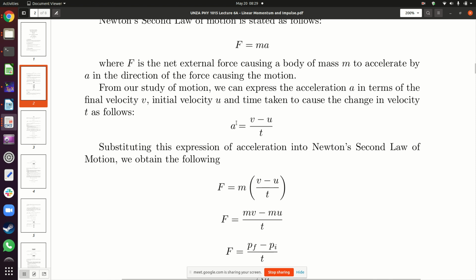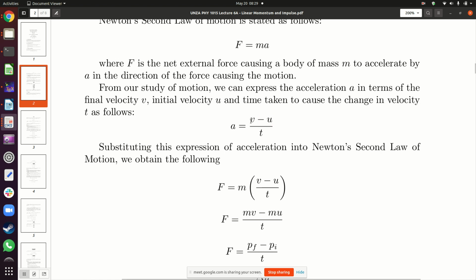However, we also know from our studies of what acceleration is that acceleration is basically how fast the velocity of an object is changing over a certain period of time. When we're talking about acceleration here, what we are interested in is average acceleration. Our interest is only in the final velocity and the initial velocity.